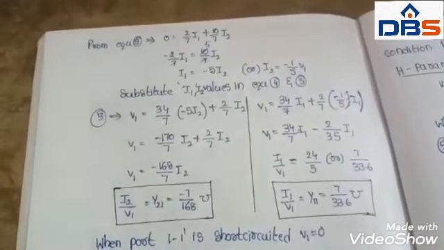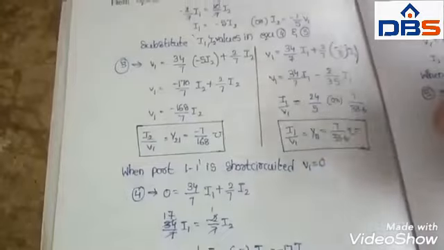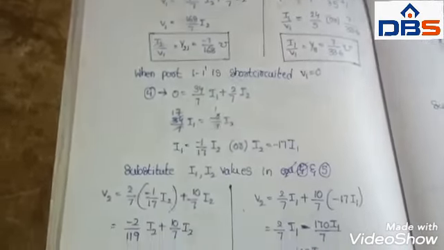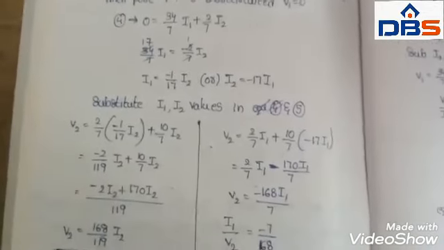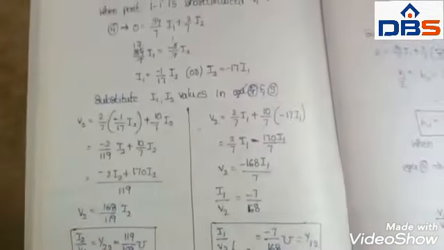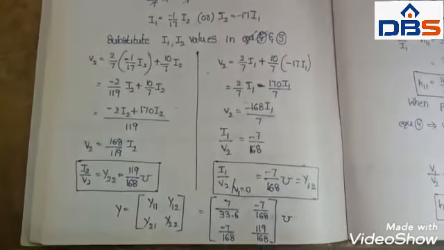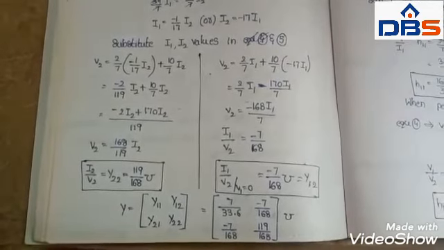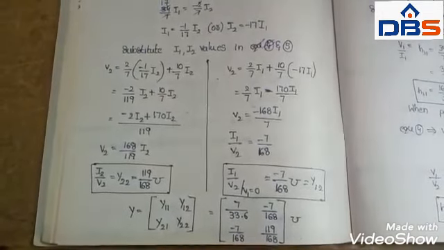In a similar manner, port 1 dash is short circuited, that is V1 is 0. From equation 4, we get the relation between I1 and I2, that is I2 equal to minus 17 I1. Substituting that in equations 4 and 5, again we get two parameters: I2 by V2, that is Y22, equal to 119 by 168 mho, and I1 by V2, that is Y12, equal to minus 7 by 168.